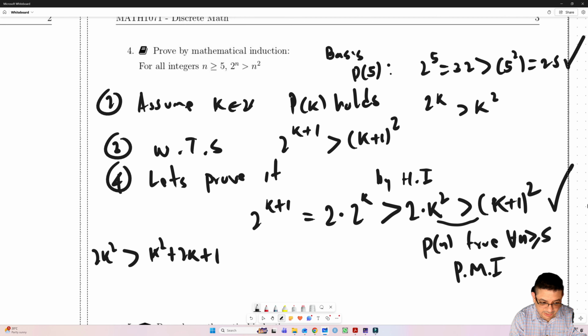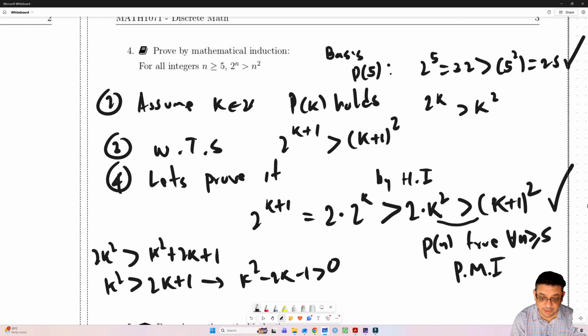So what I'm essentially saying is that k squared is going to be bigger than 2k plus 1, or that k squared minus 2k minus 1 is bigger than 0. We actually proved this in another proof in the past. This is just saying that k times (k minus 2) minus 1 is bigger than 0.